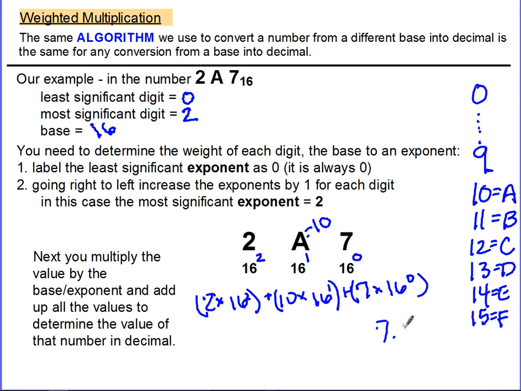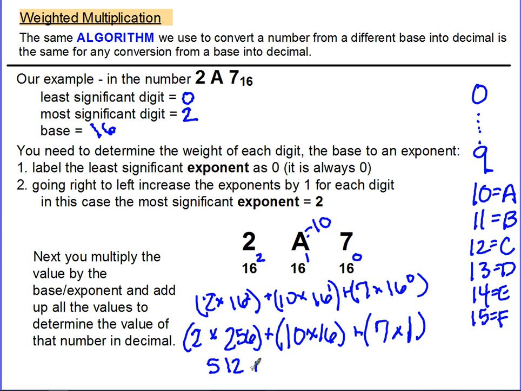So this becomes 7 times 1, which is always the value when a value is raised to the 0 power, plus 10 times 16 plus 16 squared, which is 256, times 2.